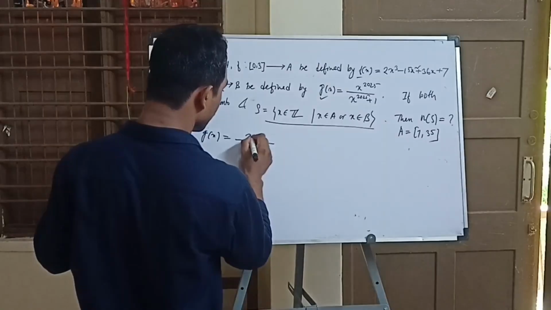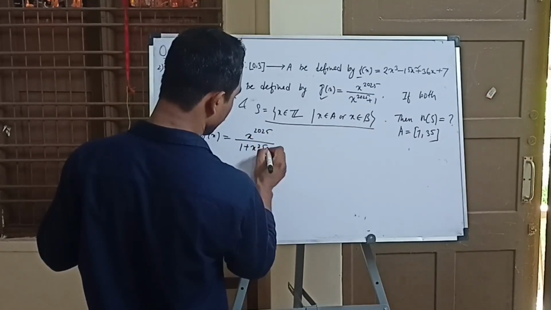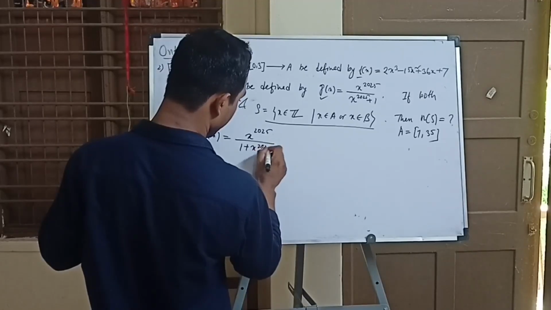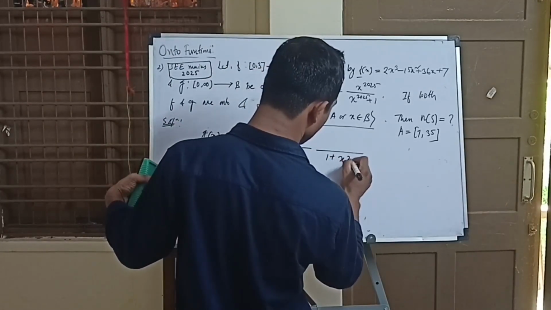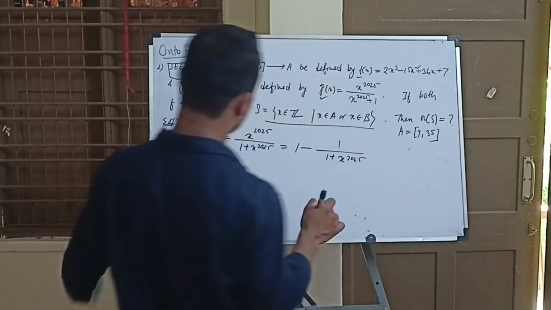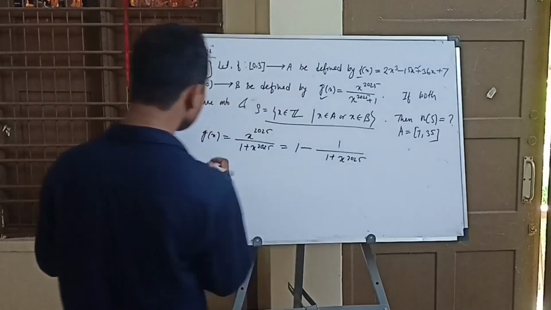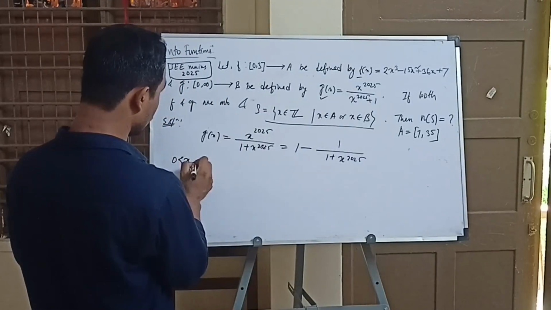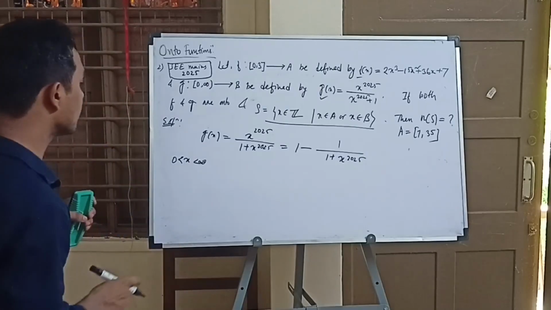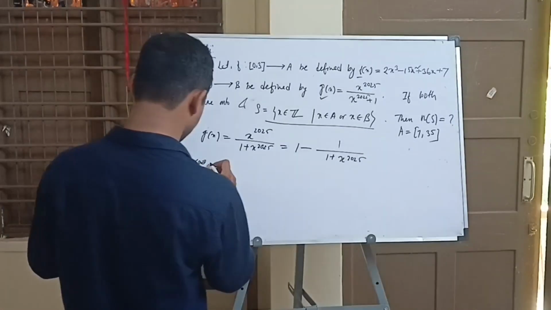G of x is x to the power 2025 over 1 plus x to the power 2025. It can be written like this: 1 minus 1 over 1 plus x to the power 2025. Correct? Now here the domain is x greater than or equal to 0, less than infinity.